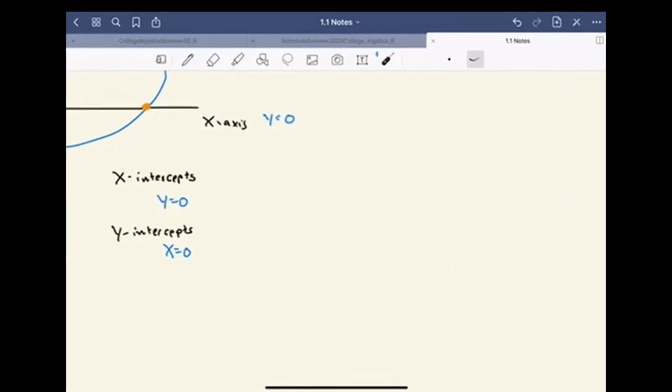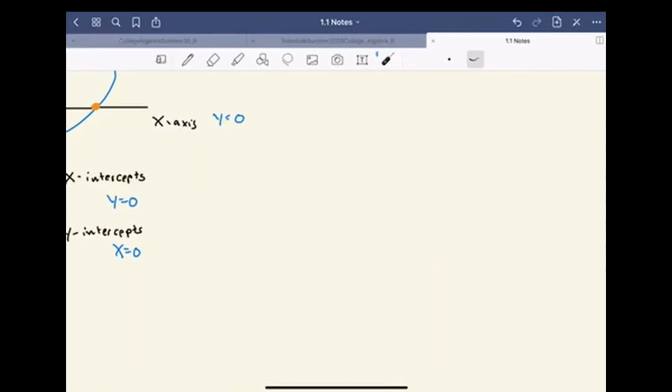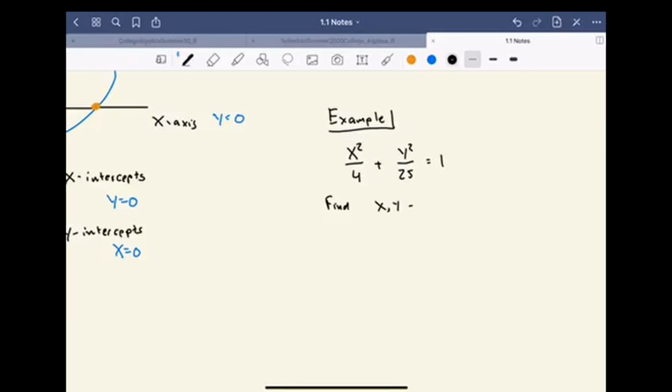So let's take an example. Okay, let's take x squared over 4 plus y squared over 25 equals 1. And we're going to find the x and y intercepts.